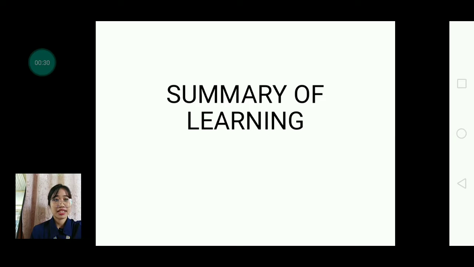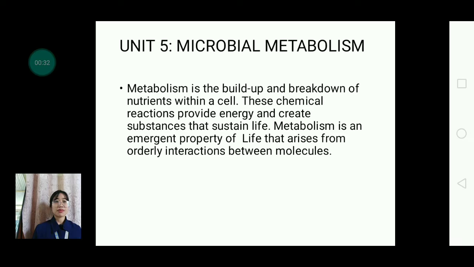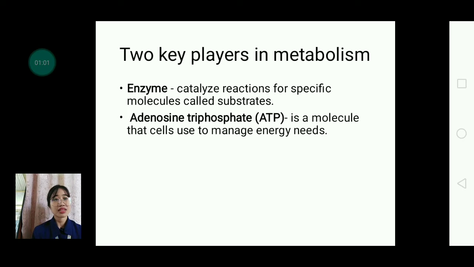Okay, so let's start. Unit 5, Microbial Metabolism. What is metabolism? Metabolism is the build-up and breakdown of nutrients within a cell. These chemical reactions provide energy and create substances that sustain life. Metabolism is an emergent property of life that arises from orderly interaction between molecules.